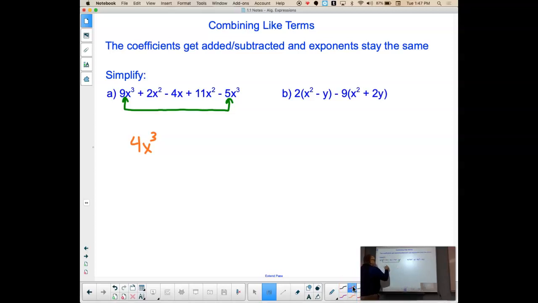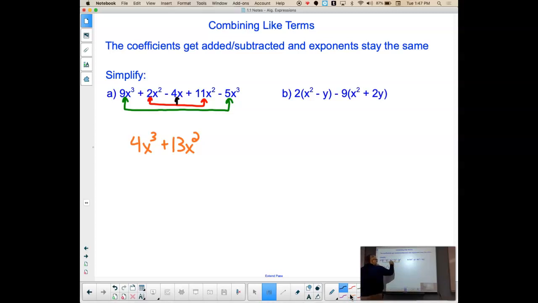My next one then, x squared terms. There's another x squared term. 2x squared plus 11x squared gives me 13x squared. If I have 2 markers and you give me 11 more markers, now I've got 13 markers.